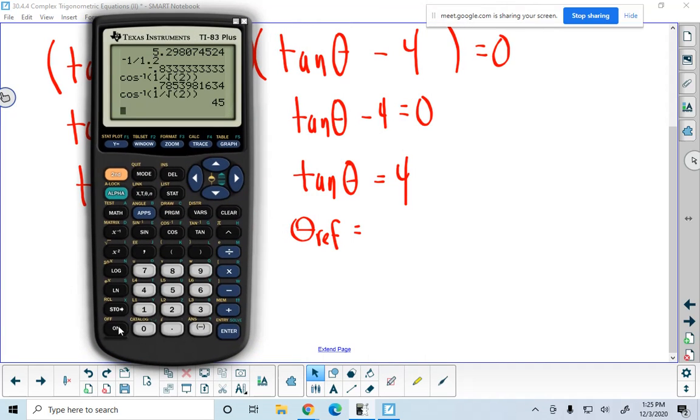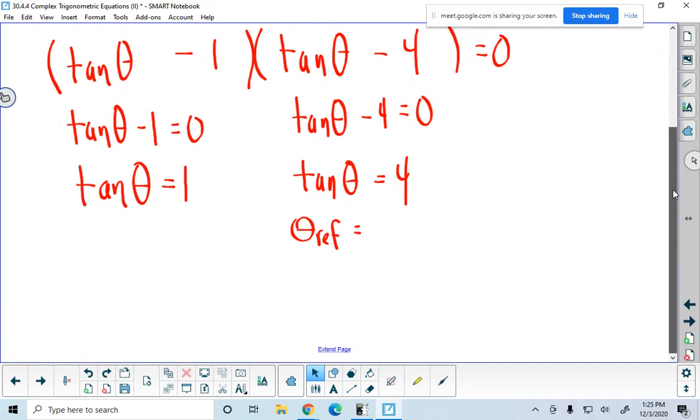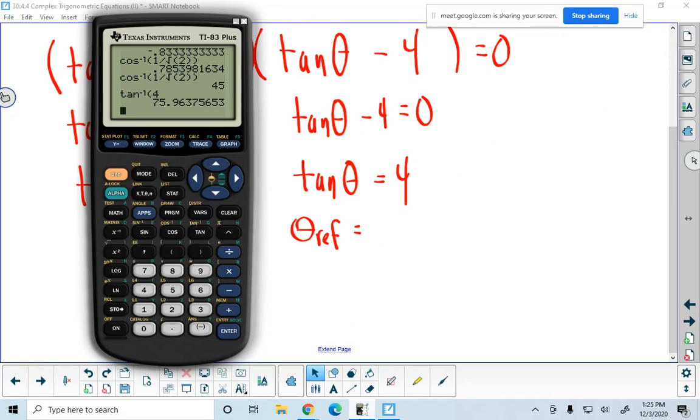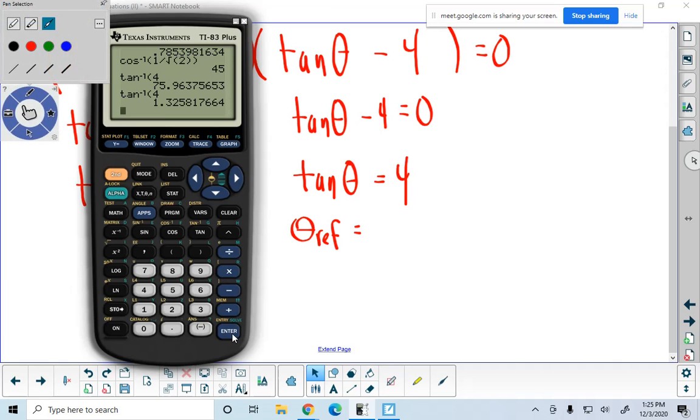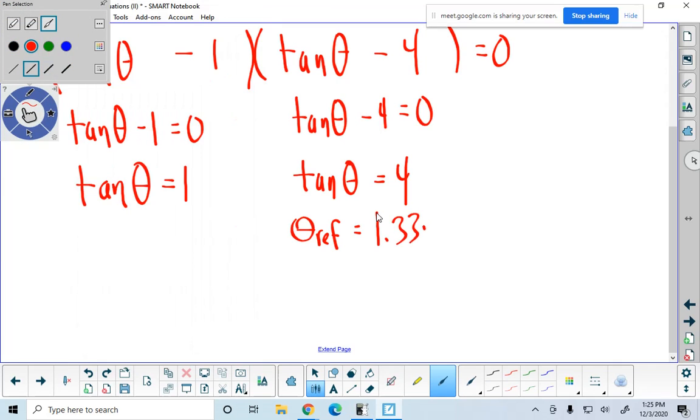That means I need to take inverse tangent of 4. I need to make sure I am in radians because we want answers in radians, and go inverse tan of 4 and get 1.33 radians. That's step 1.